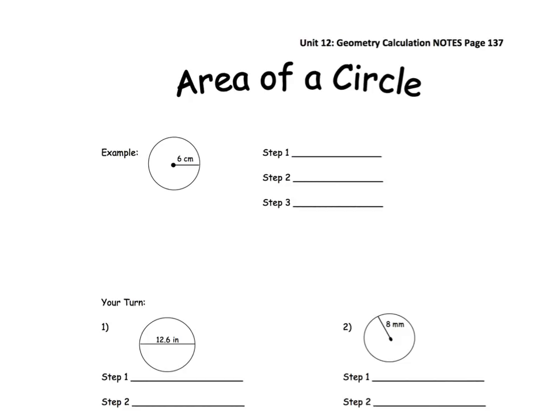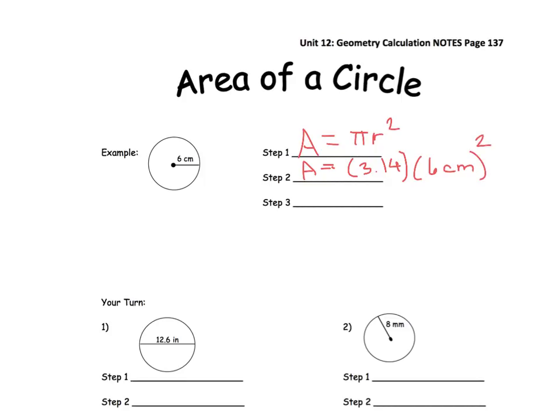Now we will work a few problems finding the area of a circle. Example 1. Find the area of a circle that has a radius of 6 centimeters. Step 1. Write out your formula. Area equals pi r squared. Step 2. Replace the formula equation with the appropriate numbers. A equals 3.14 times 6 centimeters squared.